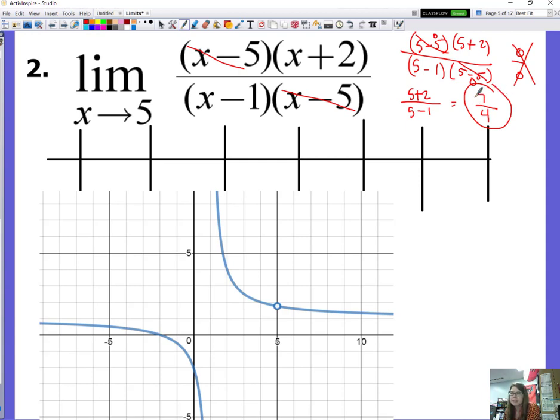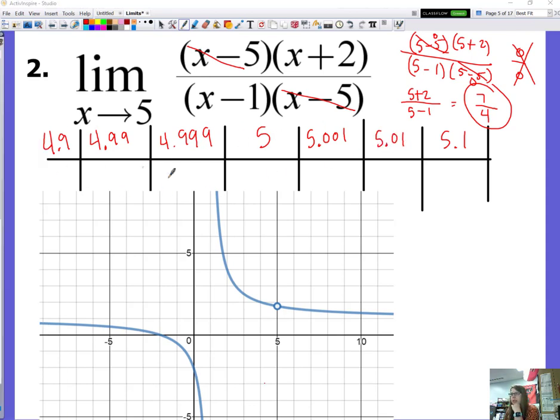But let's check and see. So if I want to approach 5, this would be 4.9 and 5.1. And so we need values that are in between those. So 4.99, 4.999, 5.001, and 5.01.